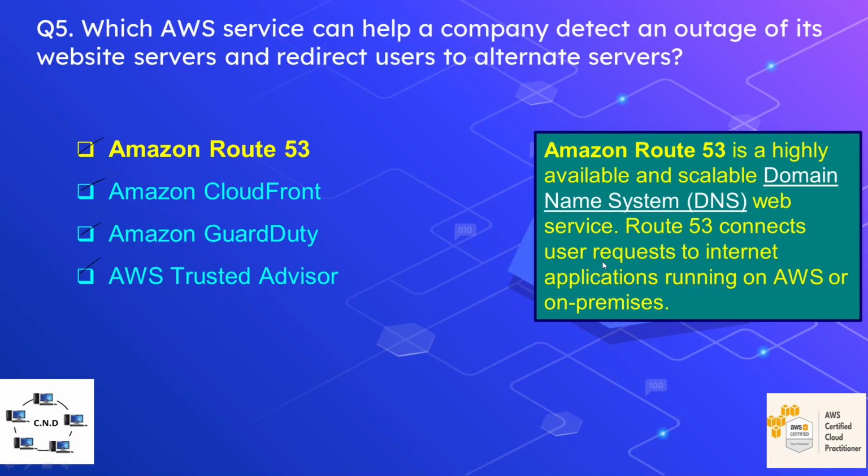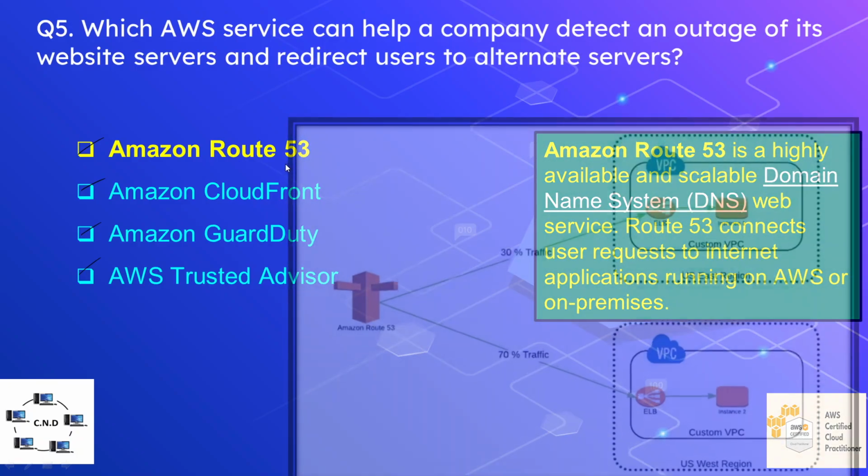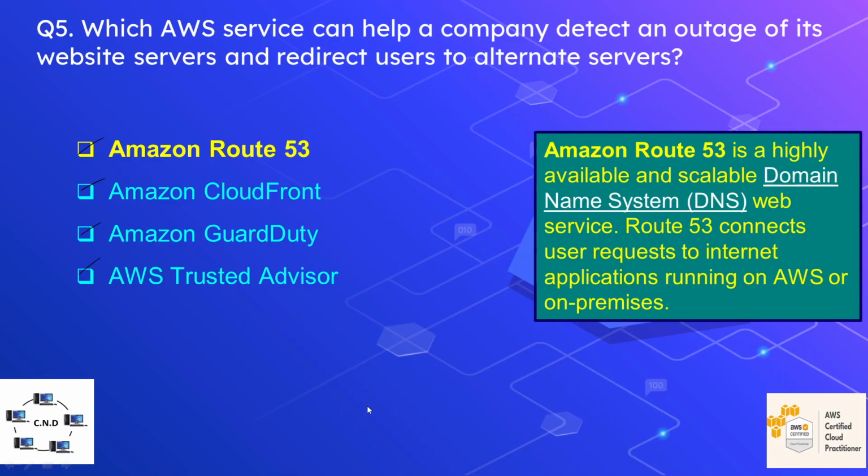Route 53 connects user requests to internet applications running on AWS or on premises. So always remember that it is a DNS service, and you know that the DNS port number is 53. You can relate this just for remembering that DNS basically works on port number 53.